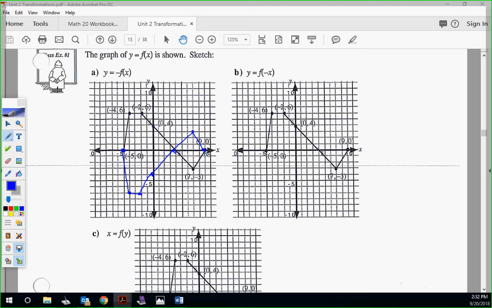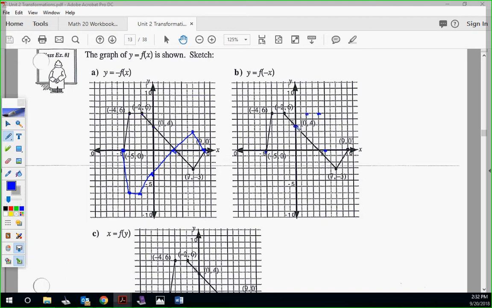This graph, which is the same graph, is also now reflected over the y-axis. Now we're flipping our x's. So negative 5 is going to be positive 5. Negative 4 is going to be positive 4. Negative 2 is going to be positive 2. That's invariant.